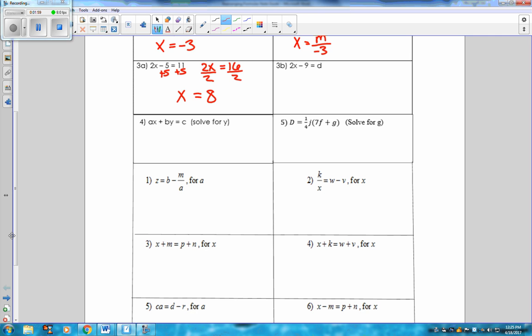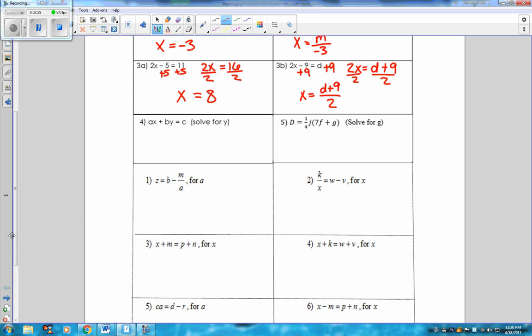For problem 3b, I'm going to add 9 to both sides. And because d and 9 are not like terms, I have to leave them separate. So I have 2x equals d plus 9. But x is not by itself, so I have to divide both sides by 2. So my final answer is going to be x equals d plus 9 divided by 2.